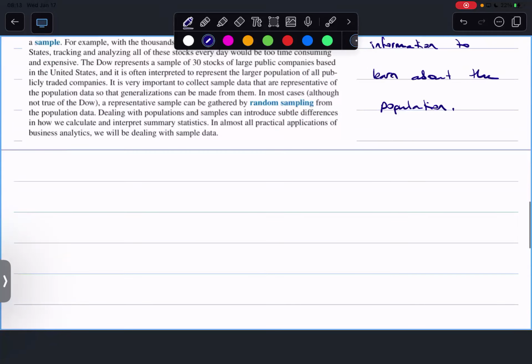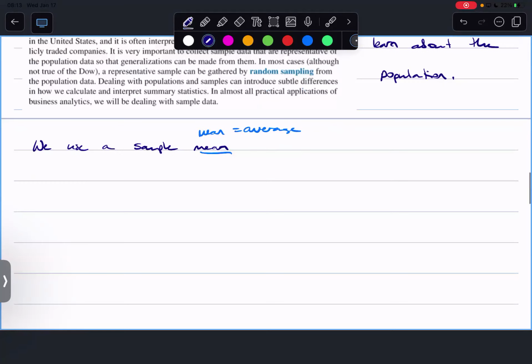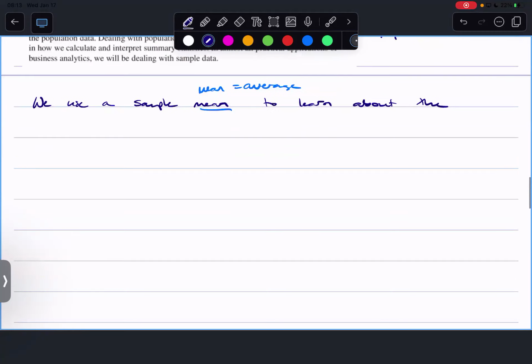But in general, we use a sample mean. Mean is the average. Did I introduce that already? Maybe you've seen it before. But I can't remember. So we use a sample mean to learn about the population mean.